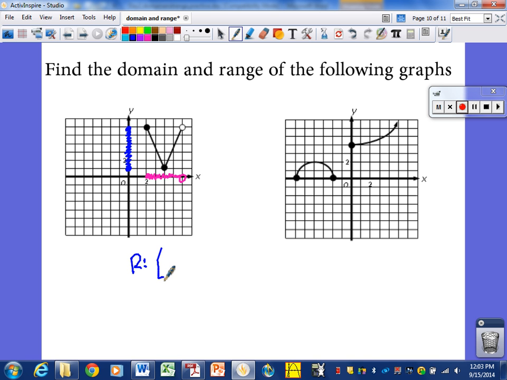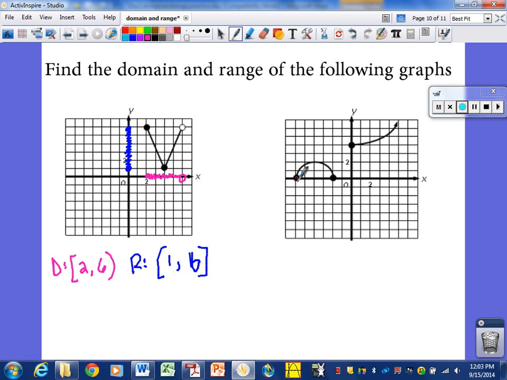So the range is from 1 to 6. And the domain is from 2 to 6.